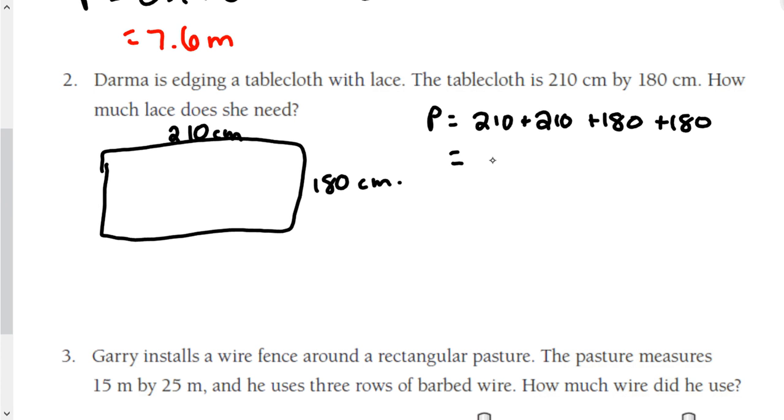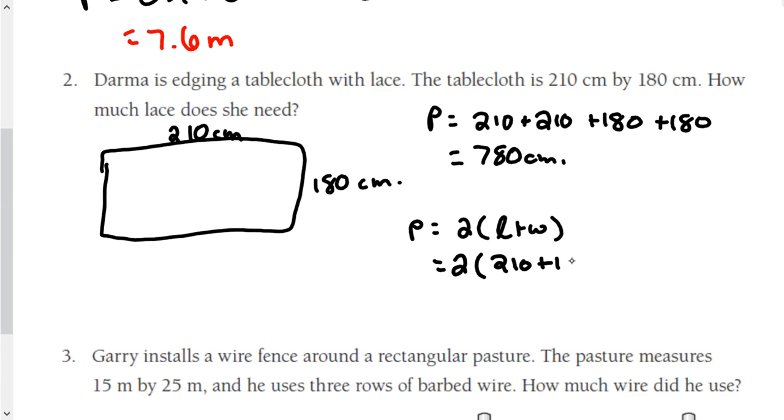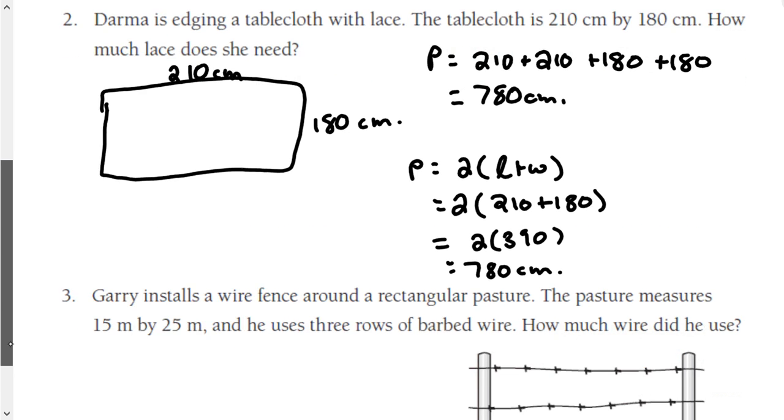So this leaves us equal at 780 centimeters, or you can do perimeter is equal to 2L plus 2W, 210 plus 180 is equal to 390, to give us 780 centimeters. Okay.